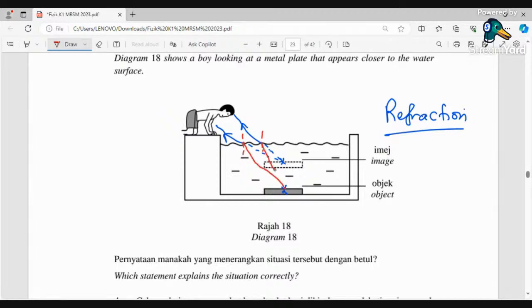Straight, sepatutnya lukis guna ruler lah. So my drawing is not really straight. Ini dia punya light ray. Okay. So light ray from the object gets into the observer's eye. Line of vision straight. So he observed the image closer to the surface.